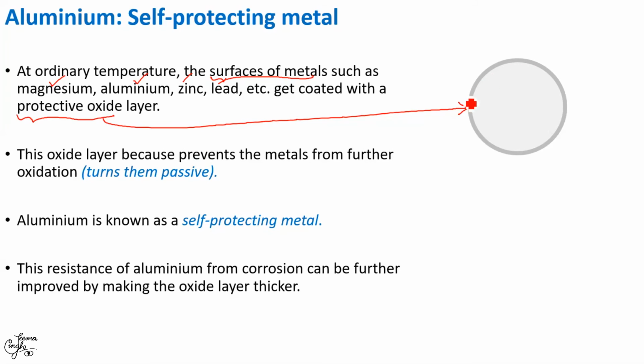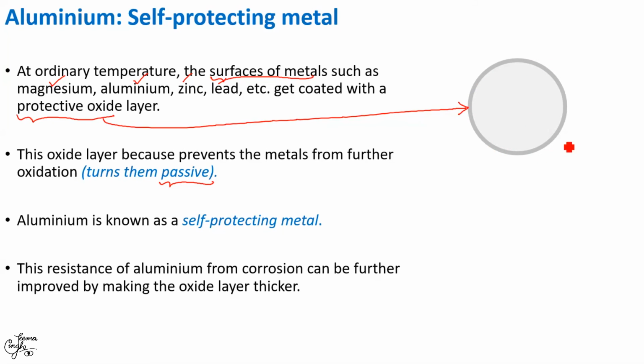It is called as a protective covering or layer because it prevents the metals from further oxidation, making them passive. Here, passive means that which is not active or that which is not reactive. And because of this, we rub the metal surface with the sandpaper before heating them in air. This is done to scrub off the protective oxide coating.